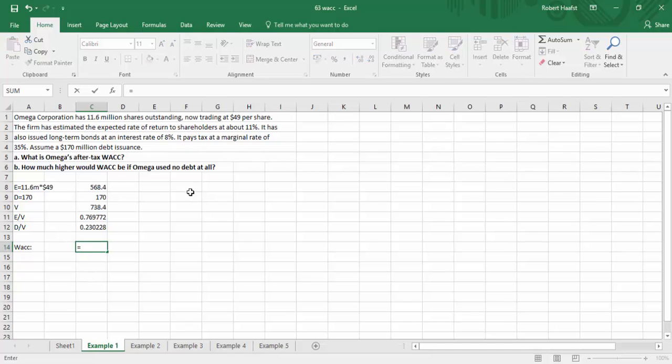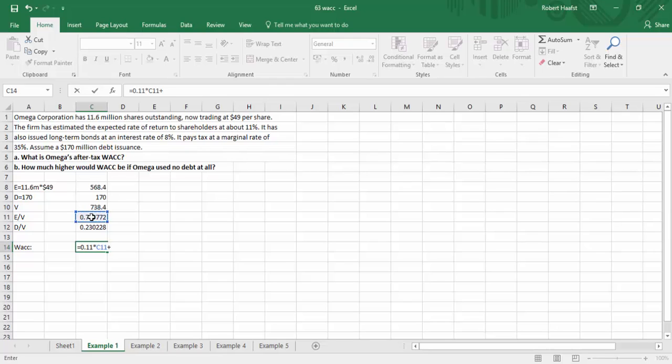We use the cost of capital, which is the expected rate of return to the shareholders, 11%. We multiply by the equity to value ratio, right here.